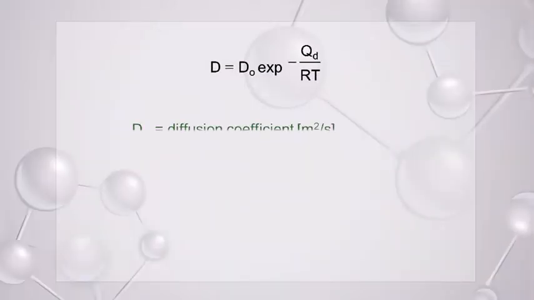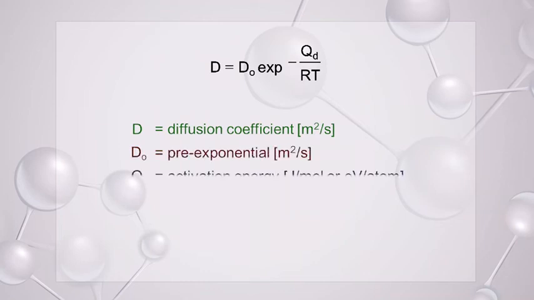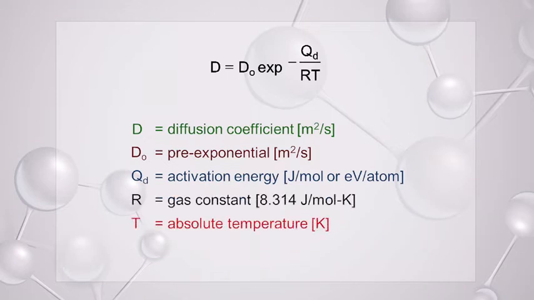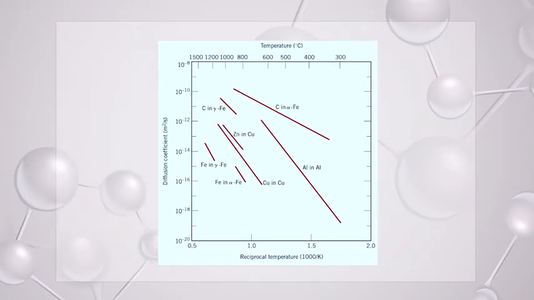Here, D is the diffusion coefficient, D naught is the pre-exponential factor, QD is activation energy, R is the gas constant, and T is the absolute temperature. For example, for the self-diffusion of iron in alpha iron, the diffusion coefficient increases exponentially, nearly 6 orders of magnitude, when the temperature is raised from 500 to 900 degrees Celsius.